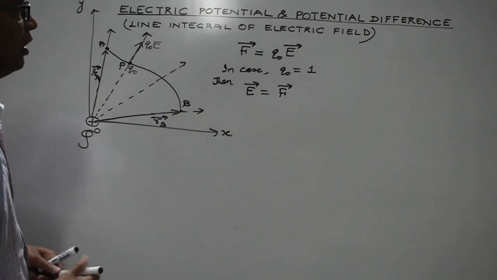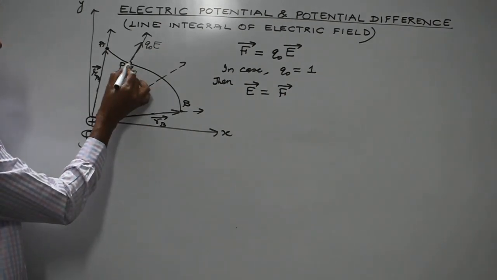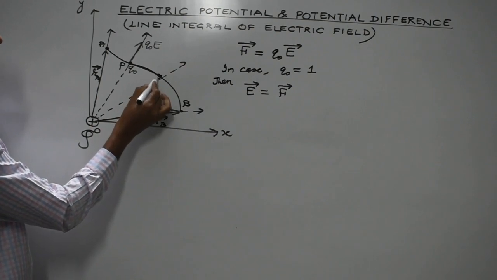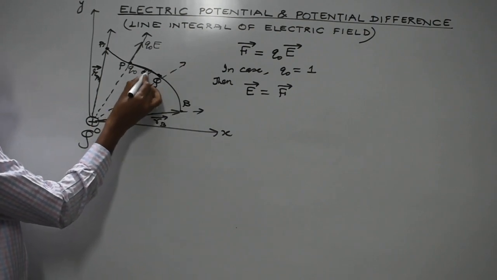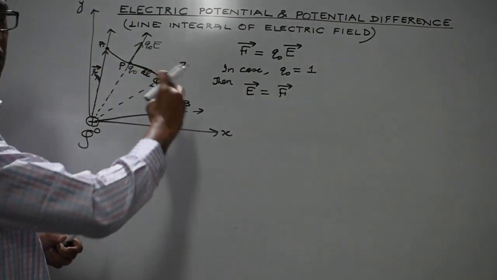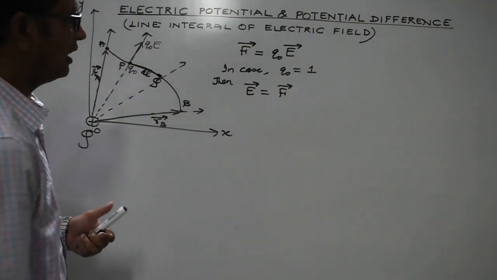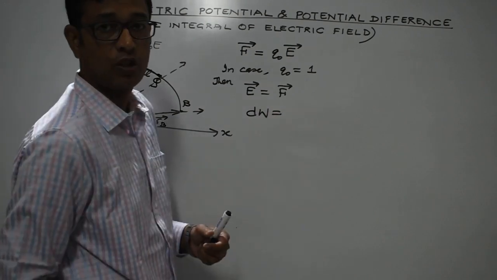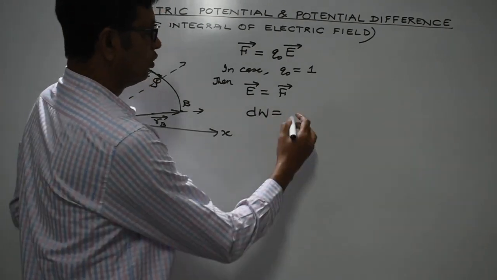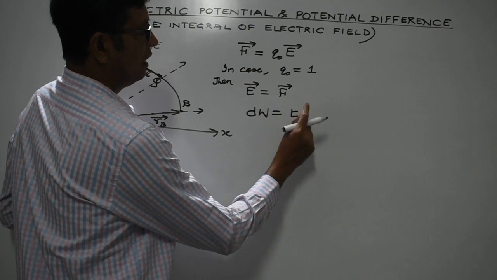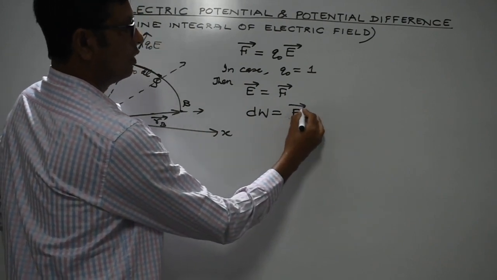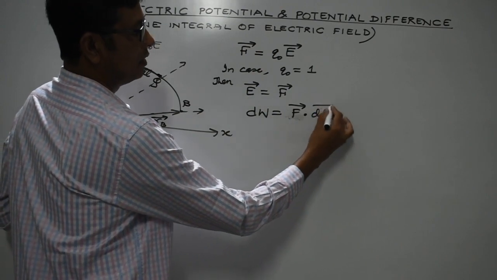Fine. Now, suppose this test charge is to be moved from P to Q through a very small distance, suppose dl. So, a small amount of work has to be done, and that small amount of work done is given by the scalar product of force and displacement. So, over here we will write F vector dot dl vector.